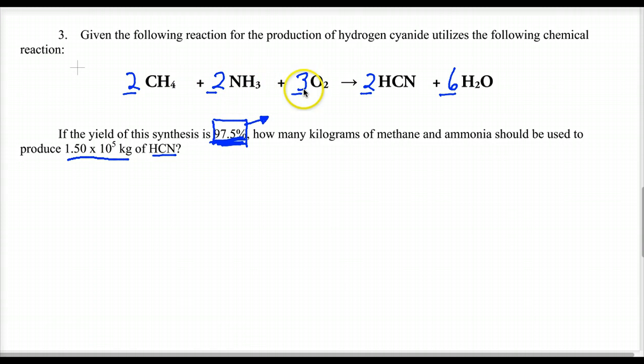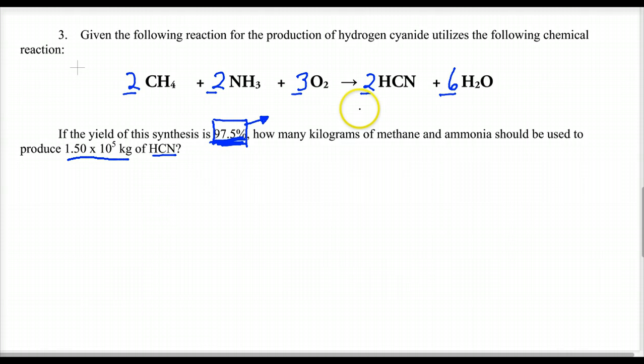So if we were just to go backwards from the 1.50 times 10 to the 5 kilograms of this, and not consider what was lost, then I'm sorry, I misspoke, you would be underestimating.